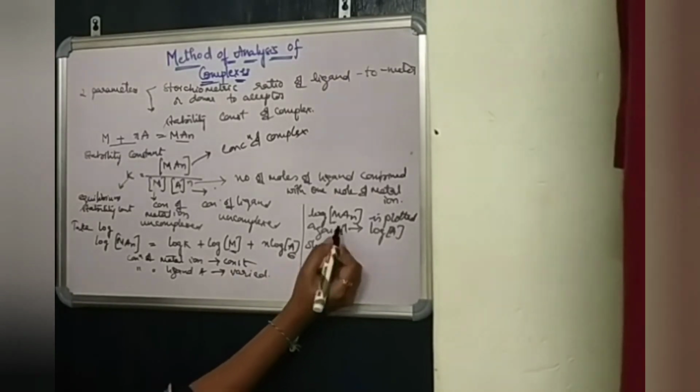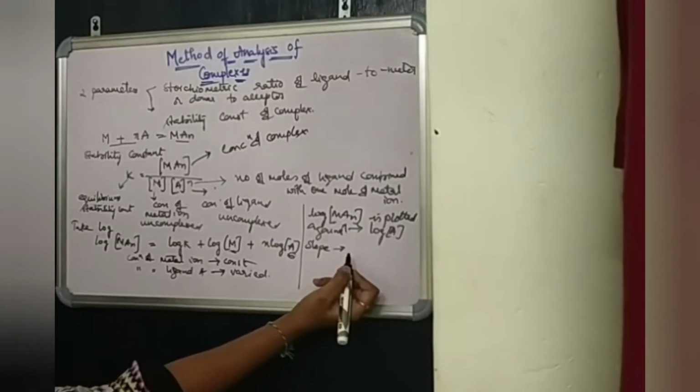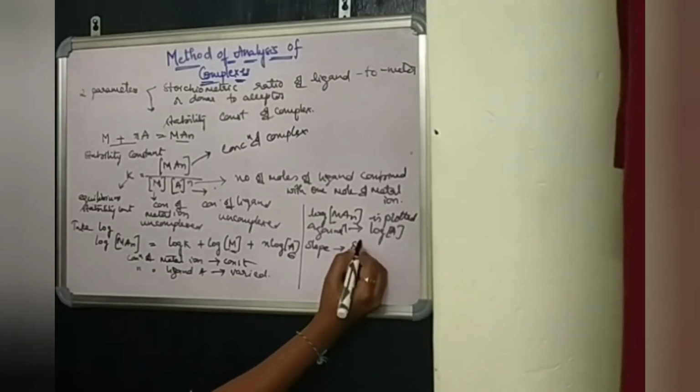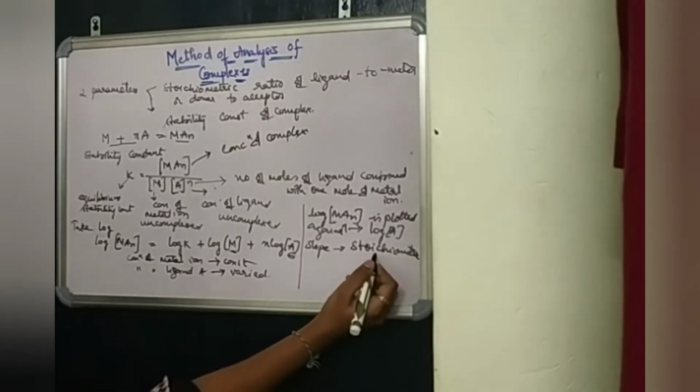the slope of this graph, when we plot log of the complex against log of the ligand.